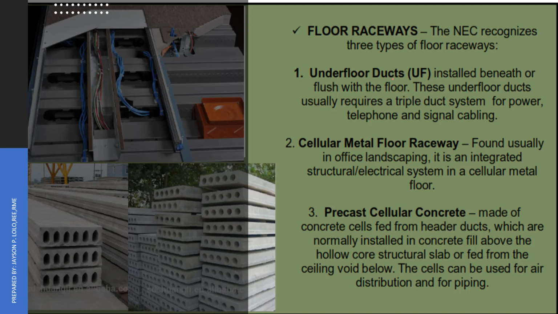This is what we call underfloor ducts, and it is used for power, telephone, and signal cabling, just to protect the conduit. The next one is the cellular metal floor raceway, found usually in office landscaping. Then the precast cellular concrete, the third one. The more common are underfloor ducts and precast cellular.